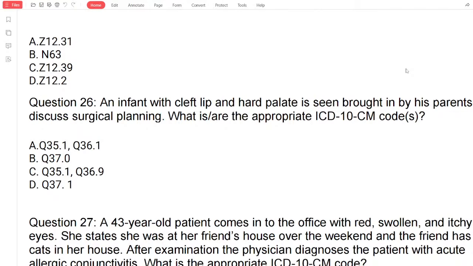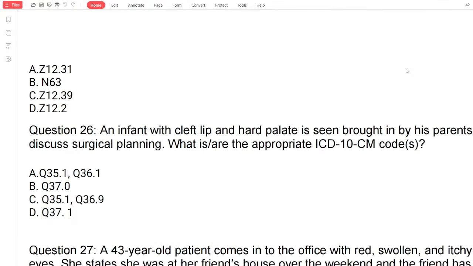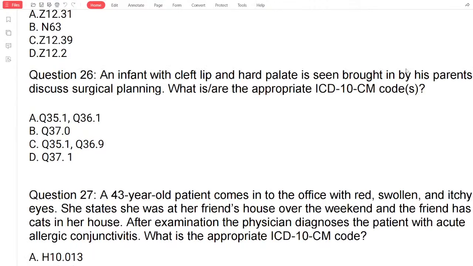Akash, wait. This is the 26th question, right? So 26D is the correct answer. Akash, I think your question number was changed. You mean 26, right?